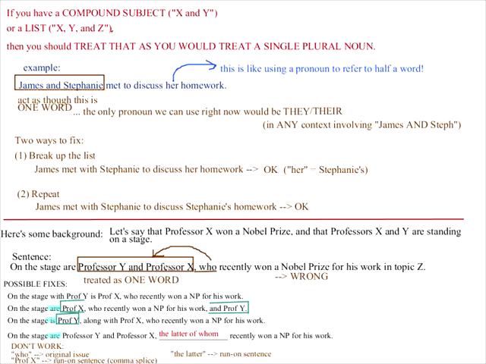The first comment, and probably the most important comment that I can make, is you don't really care what the difficulty level is. Because this is sentence correction. The point of studying sentence correction is just to learn certain rules. The rules are the rules are the rules. You should just know them, and it doesn't make any difference what the difficulty level of the problem is that they appear in.